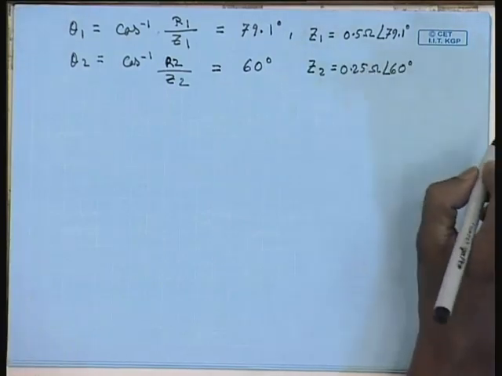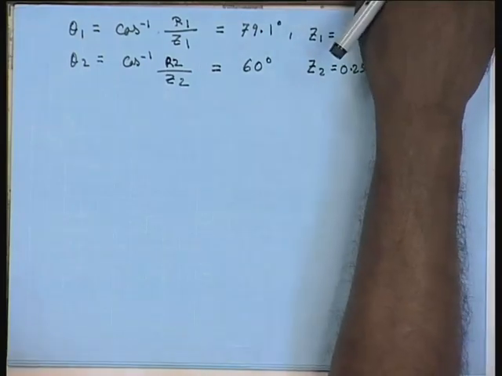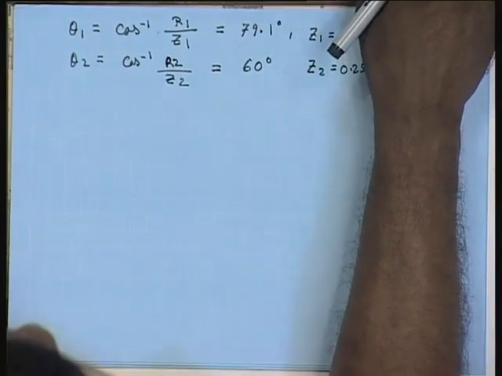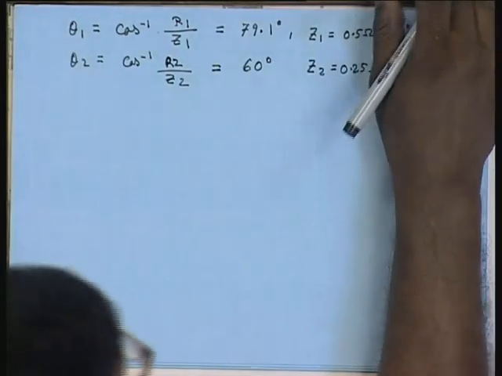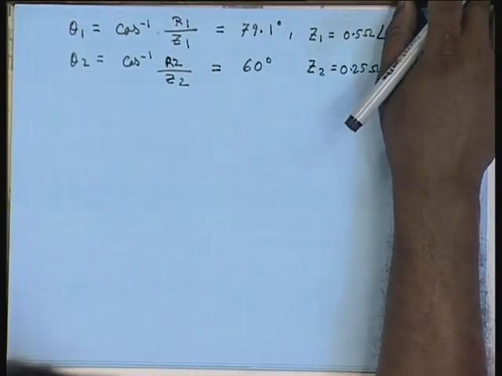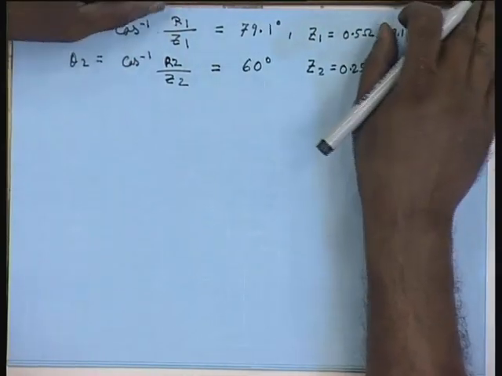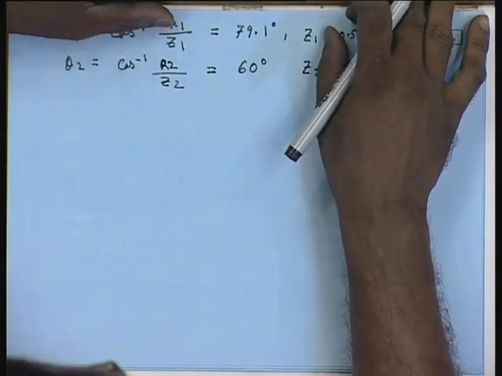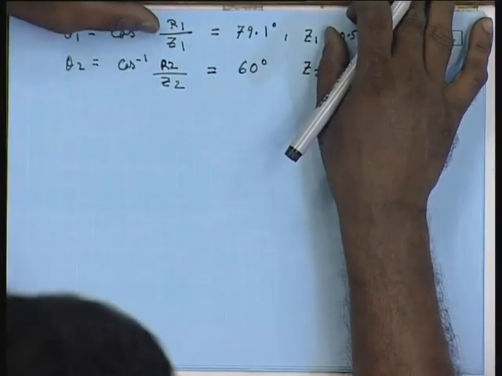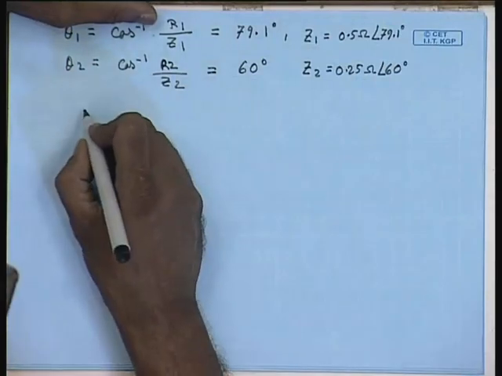Please note that here the impedances do not have the same angle. Nevertheless, we can still proceed in a similar manner. So, what is Z1 plus Z2?